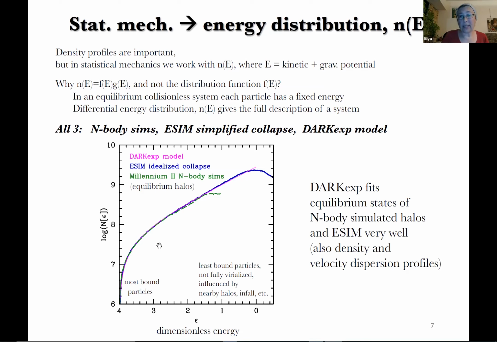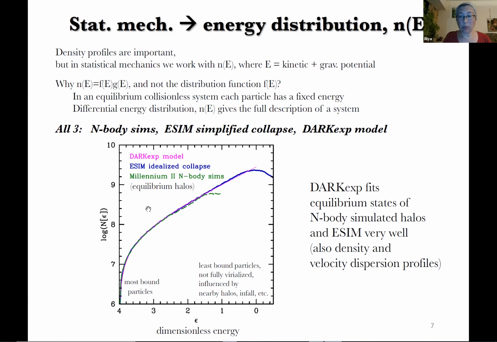What that means, first of all, is that ESIM, this idealized collapse, summarizes the essence of the physics going on in full N-body simulation. So we are justified in proceeding with just ESIM. And also DarkExp, which I will explain next, which is our theoretical model, fits them very well.